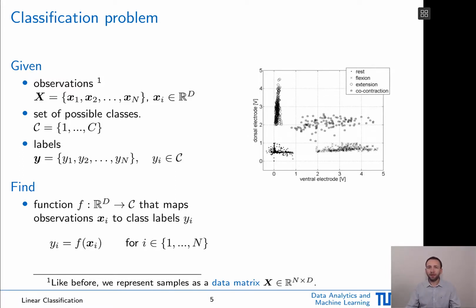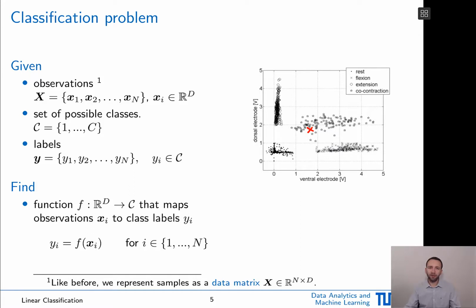And of course, what we want to do is learn a model based on this. Once we get a new sample, for example, the ventral electrode shows 1.8 and the dorsal electrode shows 2, then we want to predict this new sample to be, for example, a co-contraction state. Okay, so that's the example of classification, and this is what we want to talk about in the following.